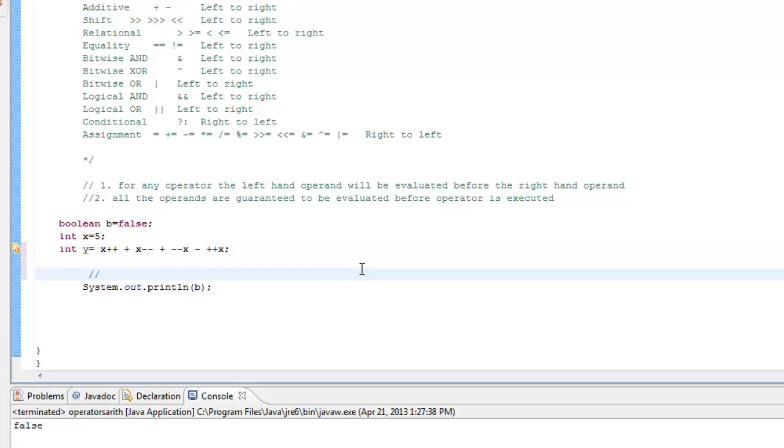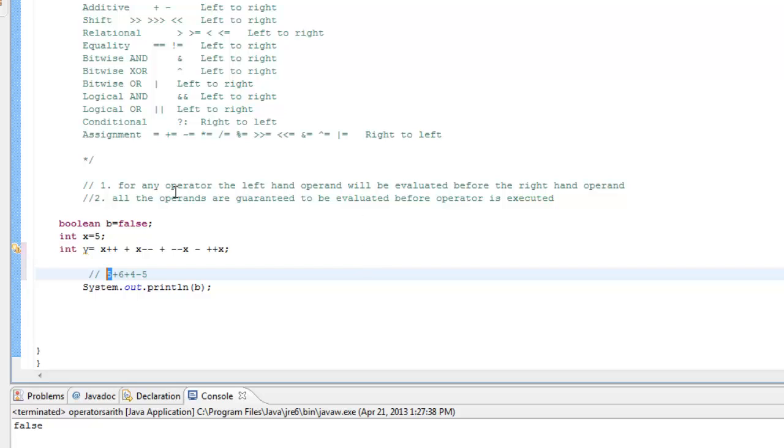Say x plus plus will be 5, plus x minus minus will be 6, plus minus minus x will be 4, minus again 5. So it will first substitute every operand's value before any plus or negative takes place.